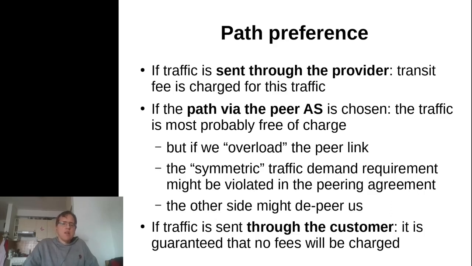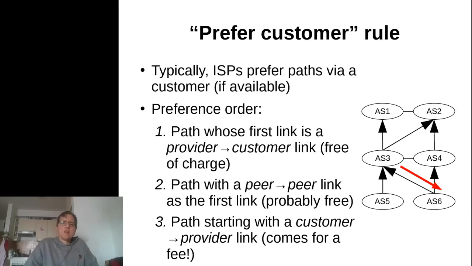These are the path preference rules, described a little bit in more detail, but the end result is a path selection rule which we will call the prefer customer rule, which says that the typical ISP will prefer paths via a customer if such a path is available.